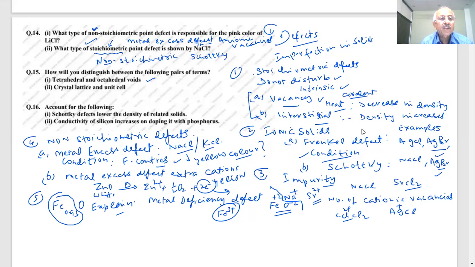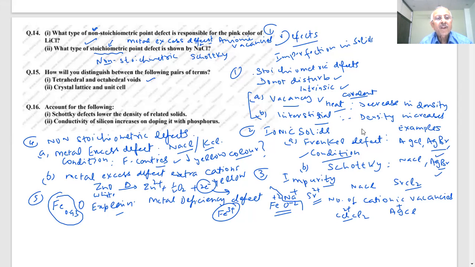Check it out. Unit cell. Unit cell is the basic, the smallest cell which, repeating in three dimensions, will generate the entire crystal lattice. It is a three-dimensional arrangement of the constituent particles that is generated from a unit cell.